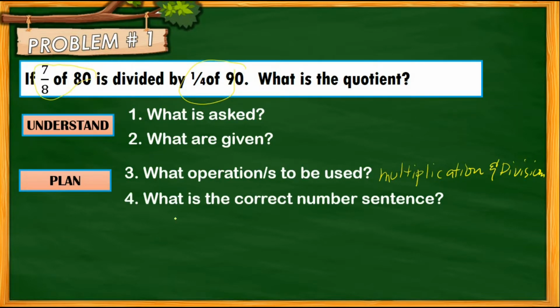The correct number sentence is n is equal to the quantity of 7/8 multiplied by 80, divided by the quantity of 1/4 multiplied by 90.